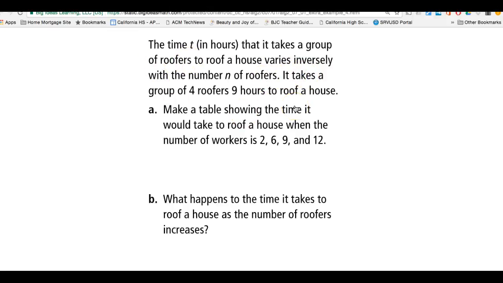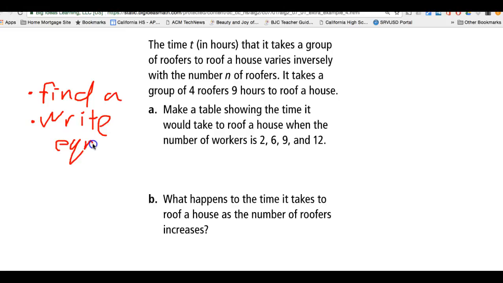So find your constant of variation. You need to solve for A, find A, and write your equation. This is what you're going to have to do in your Edpuzzle question that's going to come up. Write your equation.